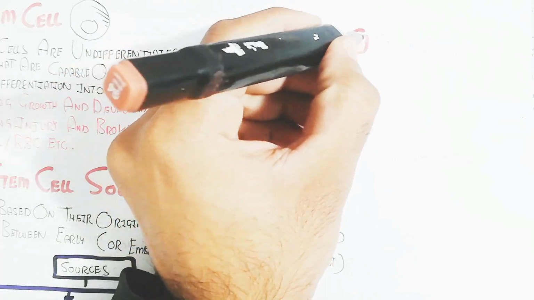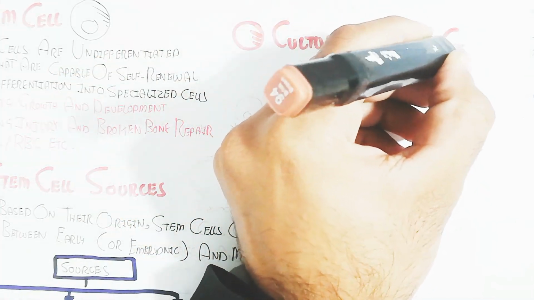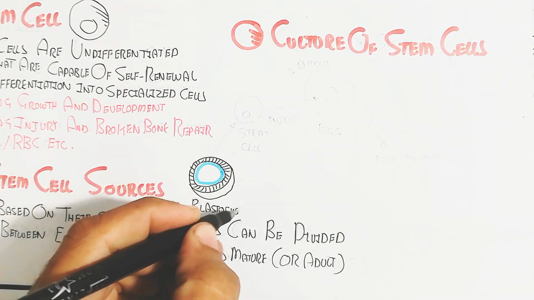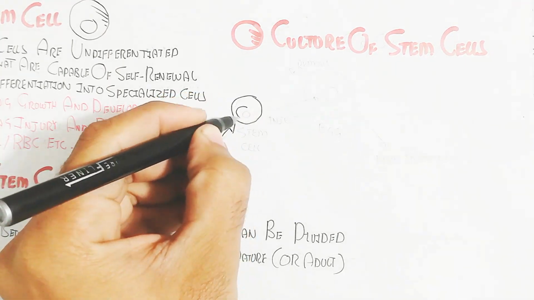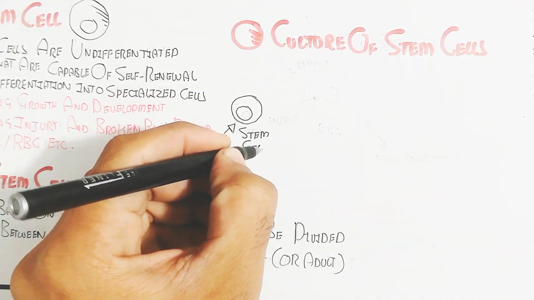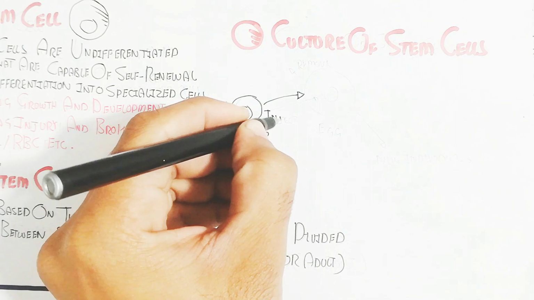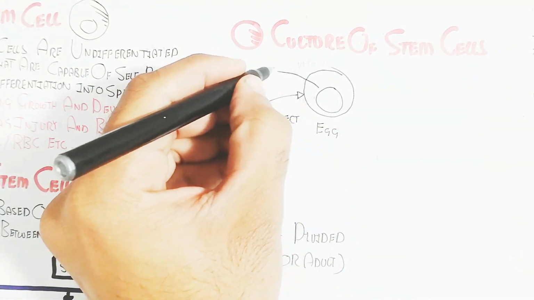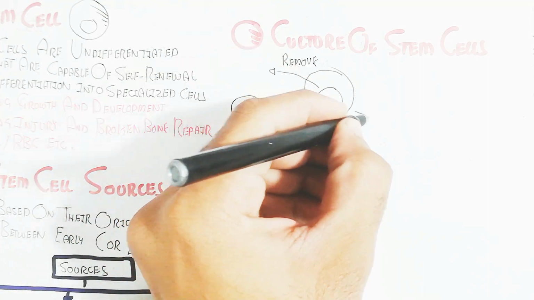The culture of stem cells is very important for the production of cloning. So let's begin to understand. This is the blastocyst of the embryo stage. From the blastocyst the stem cells are removed, and this stem cell contains a nucleus. This nucleus will be removed.